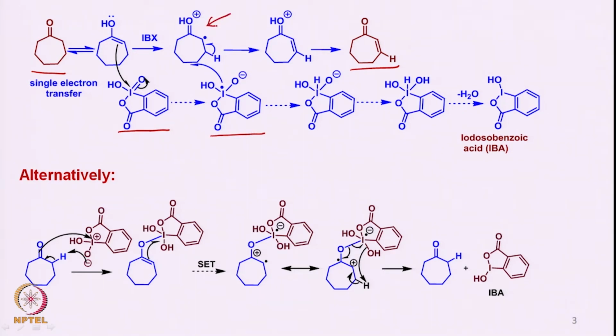Now this radical cation then reacts by transferring a hydrogen radical to this radical anion, which forms this intermediate, and we get an oxonium ion here which loses a proton to form the enone. And of course the reagent eventually forms the iodosobenzoic acid.